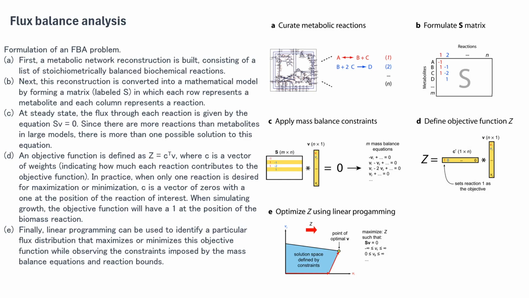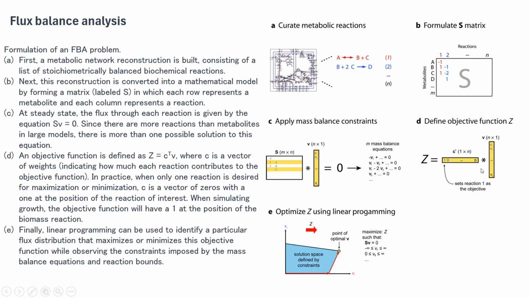So recall, this figure shows the workflow of flux balance analysis. We curate metabolic reactions and form the stoichiometric matrix. Then you define some objective function depending upon what question you are trying to answer, and you try to maximize or minimize that objective function, constrained to the conditions that you are putting in.